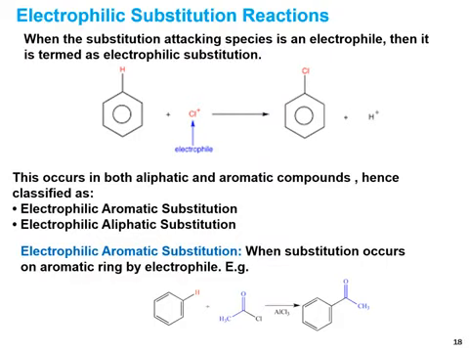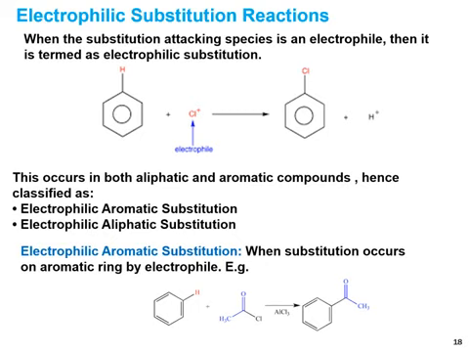The first type is the electrophilic substitution reaction. As in the previous slide, when the attacking species is an electrophile, then it is called an electrophilic substitution reaction. Here is the example of an electrophilic substitution reaction. Chloride acts as an electrophile and hydrogen is replaced by the chloride electrophile, and this is chlorobenzene.